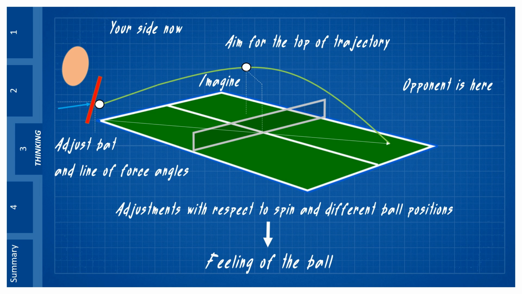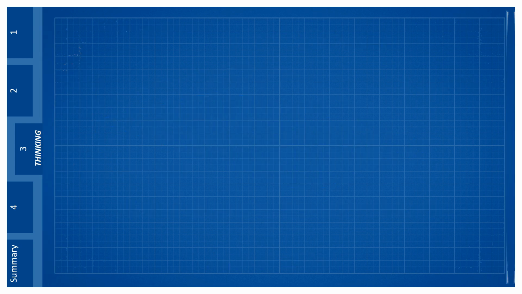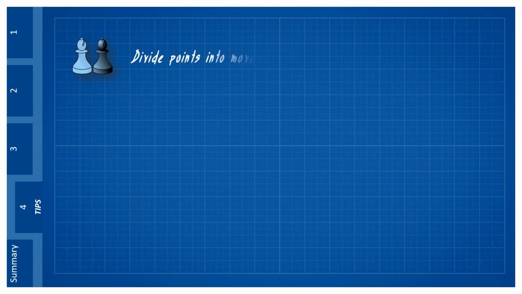Let us give you few tips before we conclude this lesson. Look at table tennis as a move game. You need to process 2 trajectories for every ball. Start from your opponent. Learn identifying trajectories by heart.